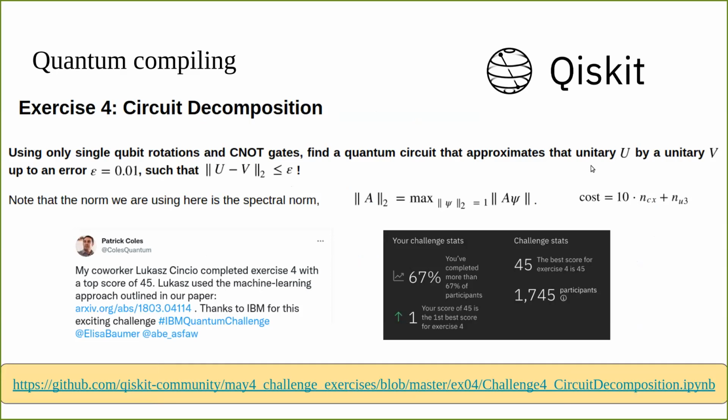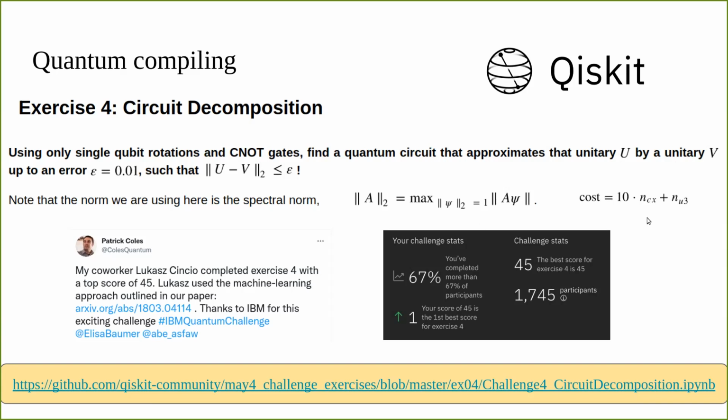To give you another idea of the importance of compiling right now, IBM ran a challenge where one of the exercises was exactly compiling. People were given an arbitrary unitary U, and they wanted to get a sequence of single qubit rotations and C0 gates within epsilon accuracy of that.